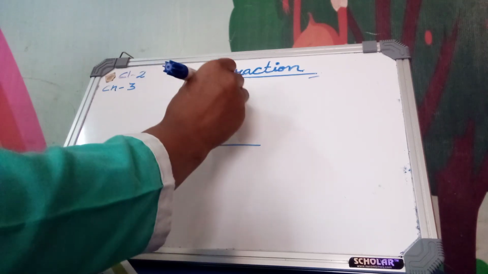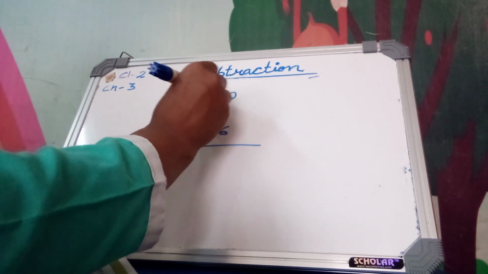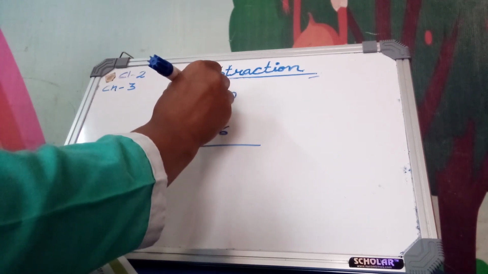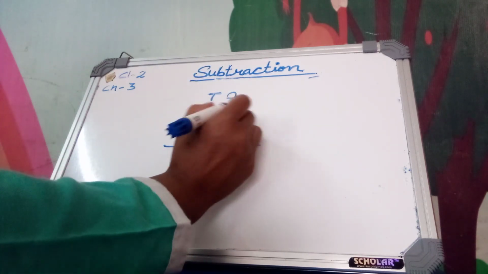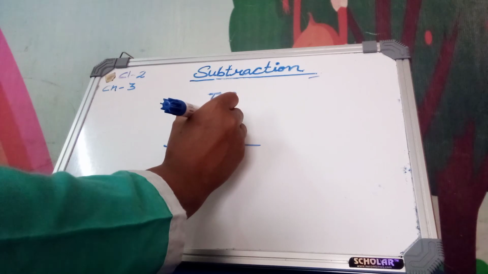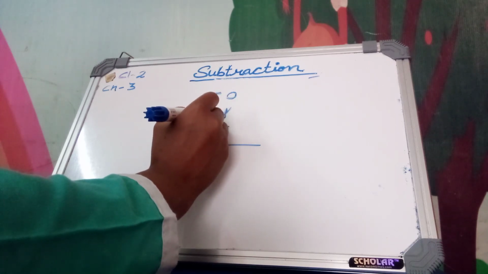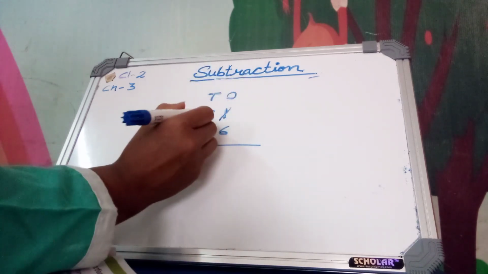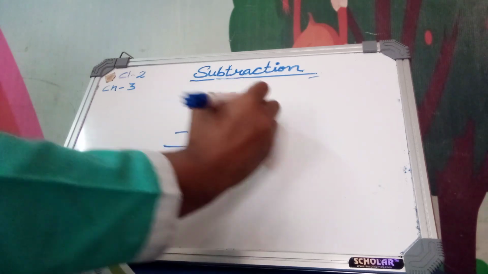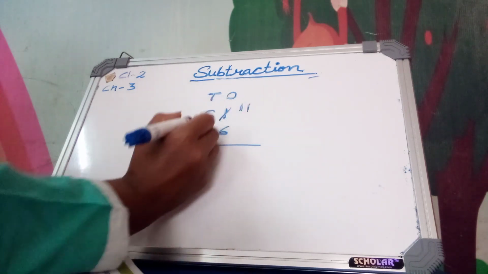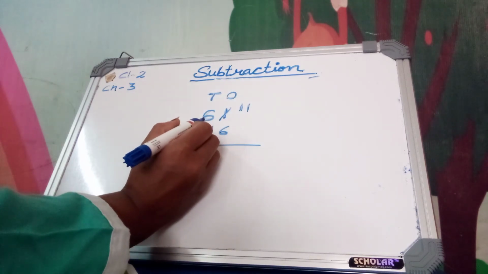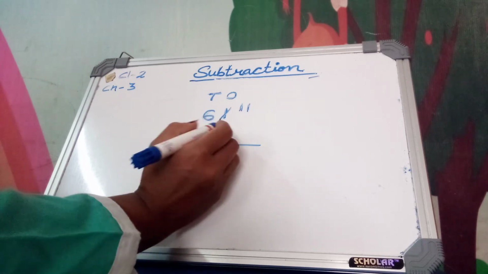Okay, this is ones and this is tens. We have to take 1 tens from this 6. Firstly we cut this number, and when we take tens from this 6, we write 11 here.